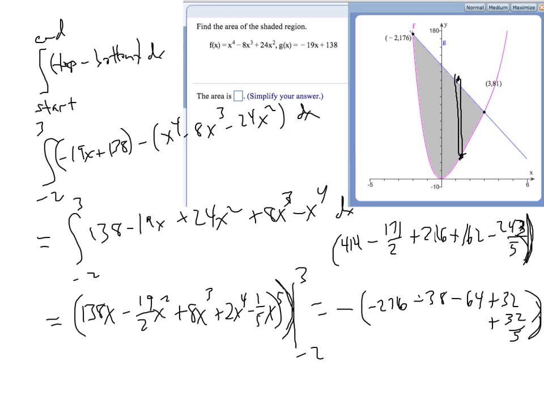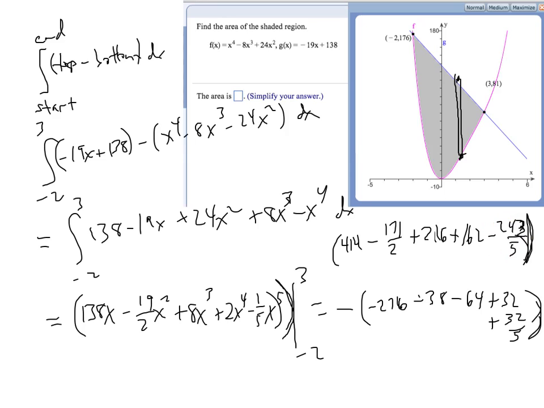So as I'm doing my subtraction now, I can just combine terms. It would be easiest to go ahead and add these whole numbers together and these whole numbers together. And then all I have to do is combine these fifths. So negative 243 fifths minus 32 fifths is going to be negative 275 fifths, and so that's actually a whole number.